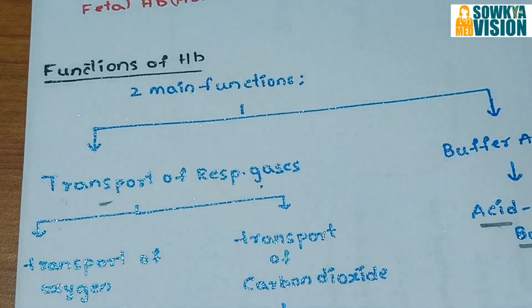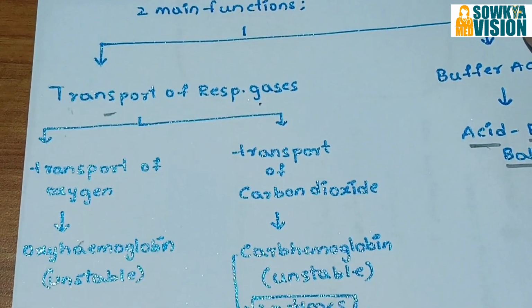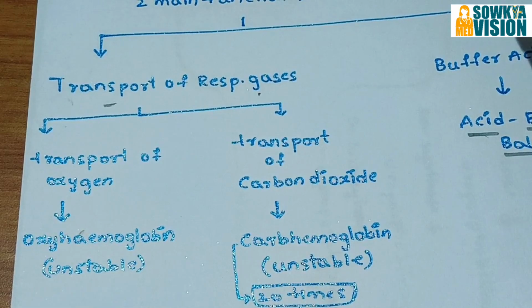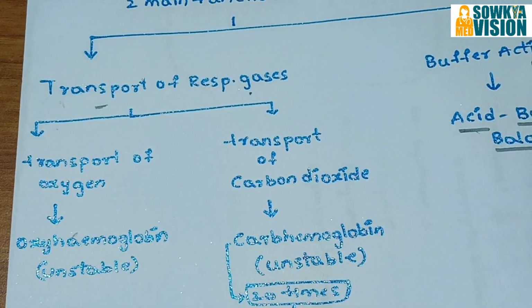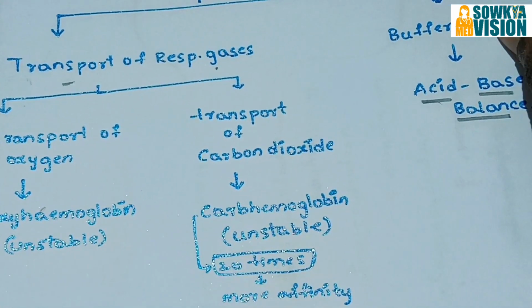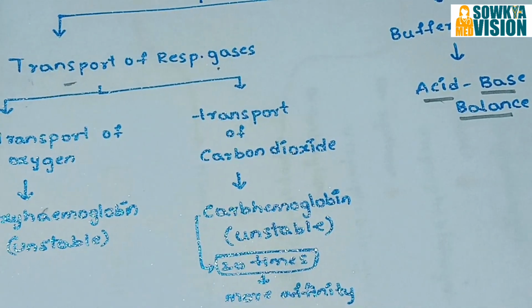By binding with oxygen and carbon dioxide, forming oxyhemoglobin, which is unstable, and carbaminohemoglobin, which is also unstable. The hemoglobin has 20 times more affinity for carbon dioxide than for oxygen.